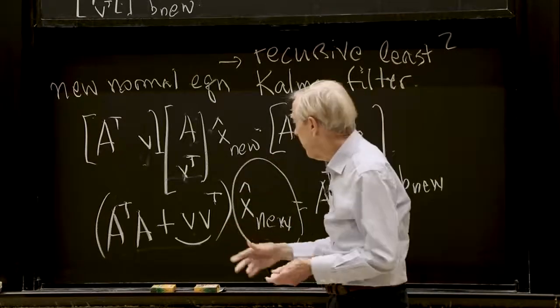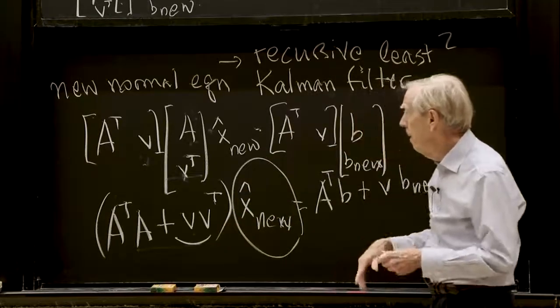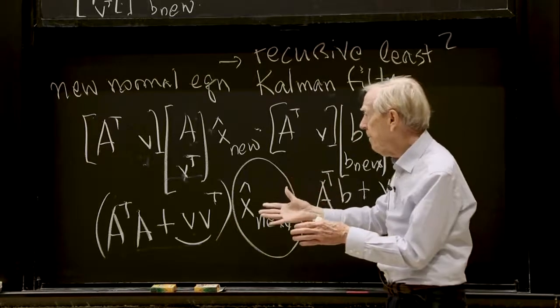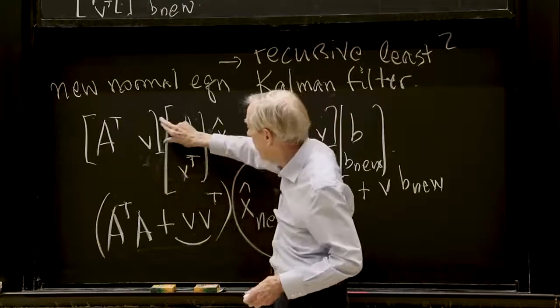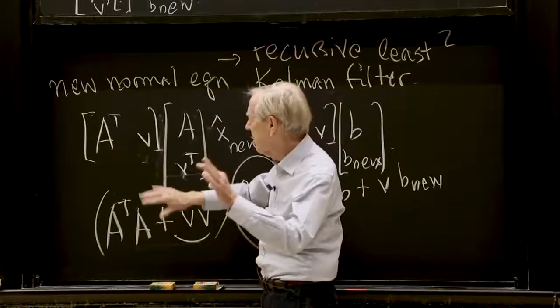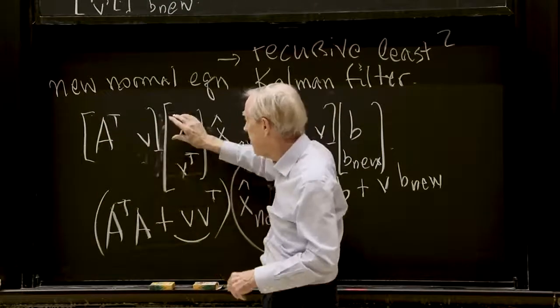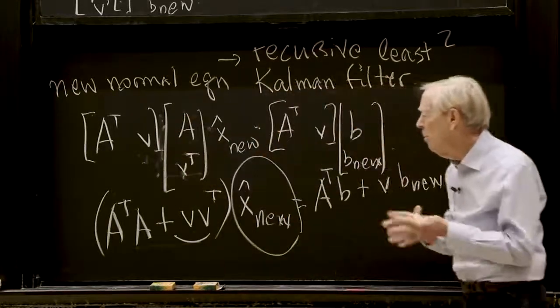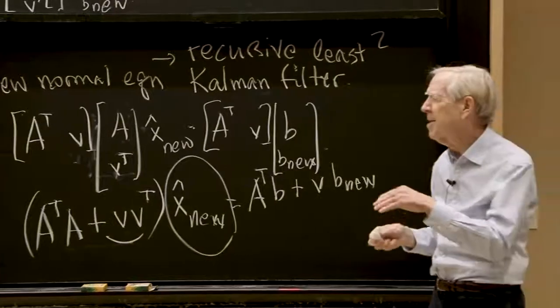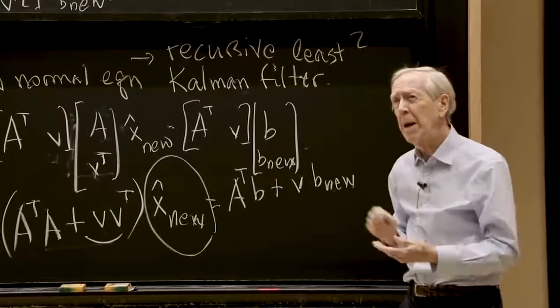With the Kalman filter, there's a covariance matrix in the middle here. That's where covariance matrices go. That's the covariance or inverse covariance times that. And, well, why don't we see the covariances at the right time?